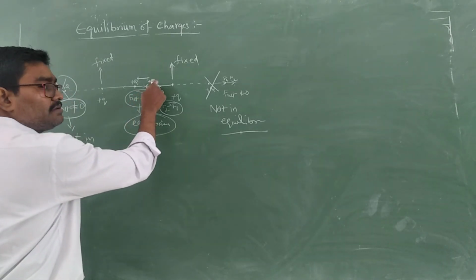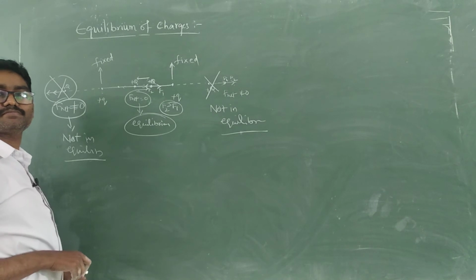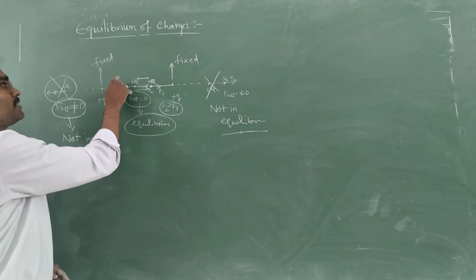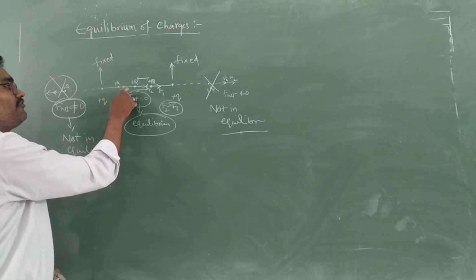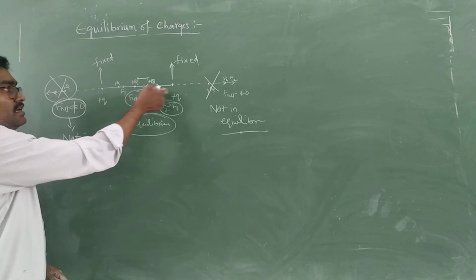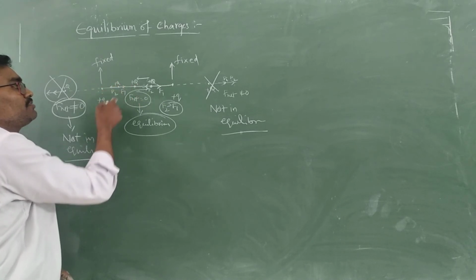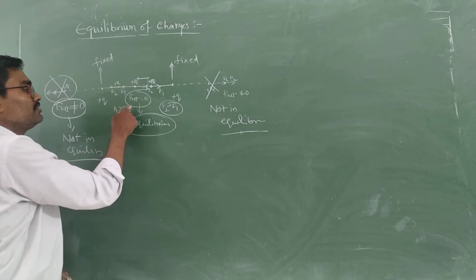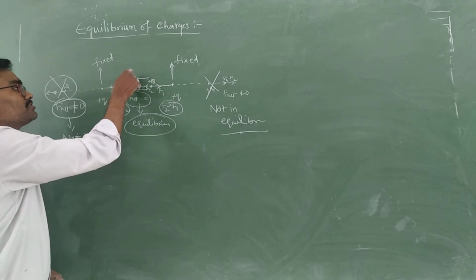Next, observe. If I displace the same charge to the right or left side, near plus Q, this will exert more force, F1 is more, and the other will exert less force, F2 is less. So F1 is greater than F2, and the resultant force will be in the direction of F1. That means it will be pushed towards the mean position.